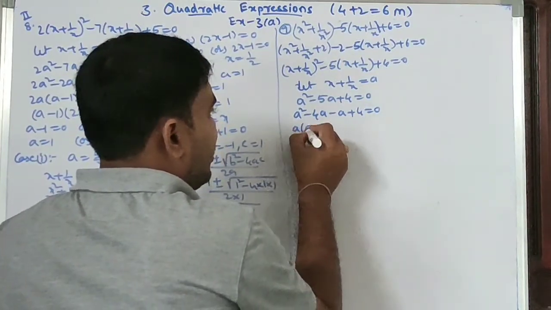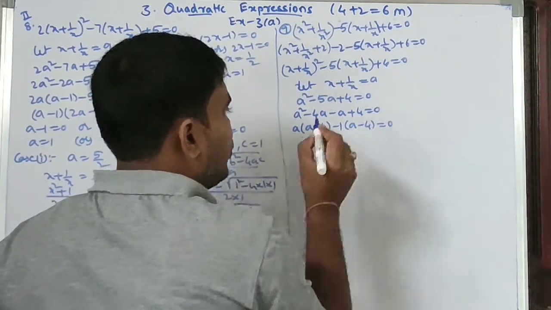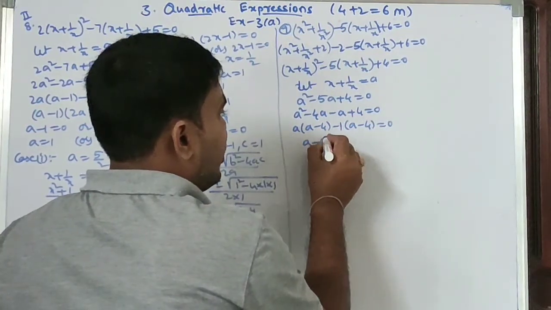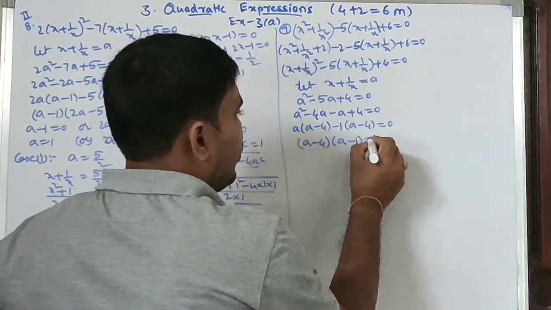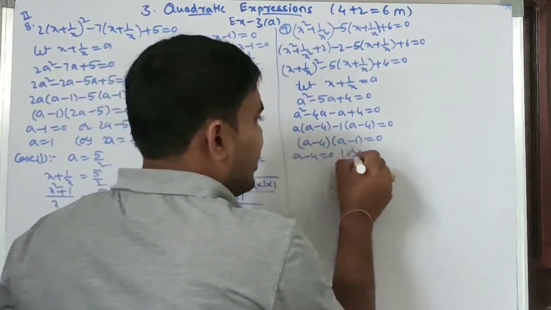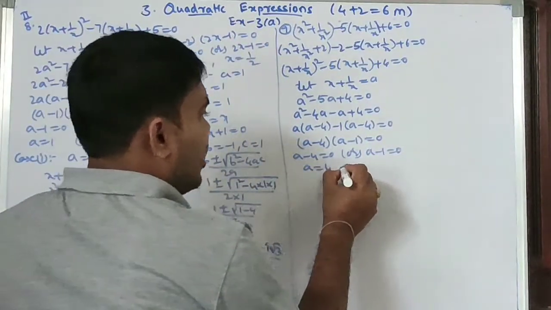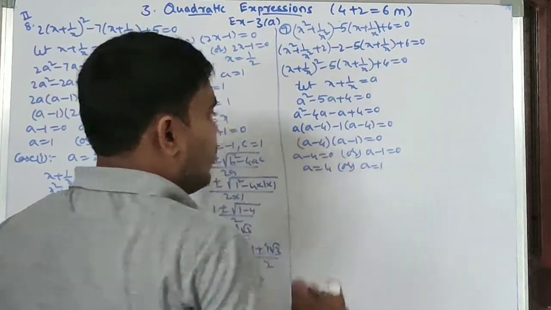So a common, a minus 4, minus 1 common, a minus 4 equal to 0. So a minus 4 common, a minus 1 equal to 0. a minus 4 equal to 0 or a minus 1 equal to 0. Either a equal to 4 or a equal to 1.